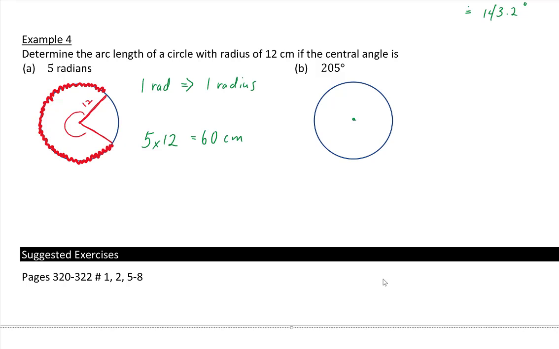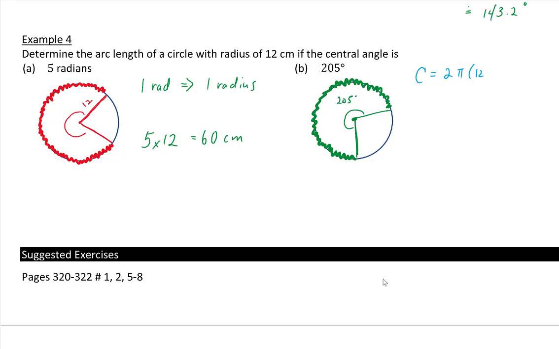Now let's look at 205 degrees. So let's say this is 205 degrees, and I want to find the distance we travel around the circle. There's a few more calculations we need to make. First of all, we need to note that the circumference of the circle is 2 pi times the radius, which is 24 pi. Well, how far did we travel around the circle?